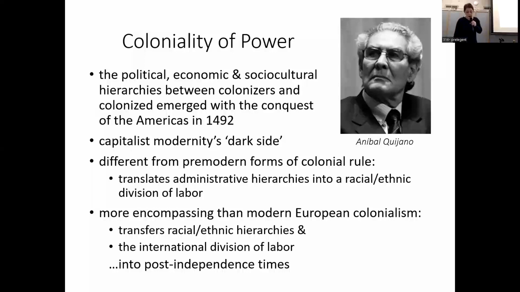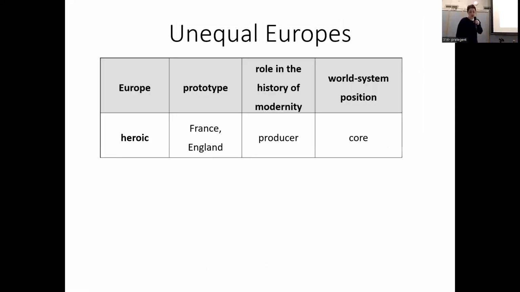So basically around the 18th century, we have ascending powers, primarily France and England, gradually only England, claiming the definition power of their modernity, development, and industrialization as European achievements rather than regional or national achievements.